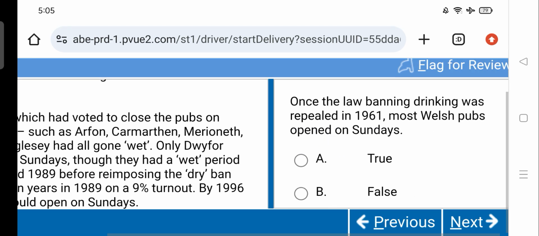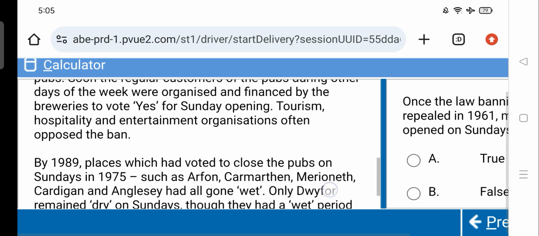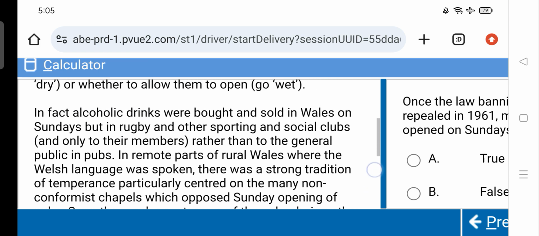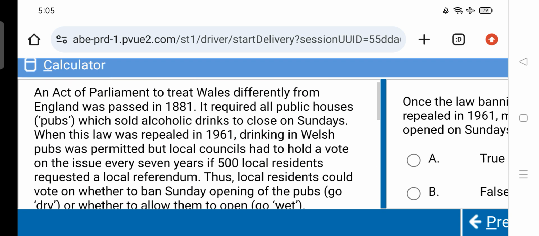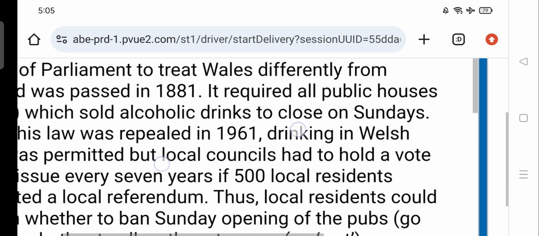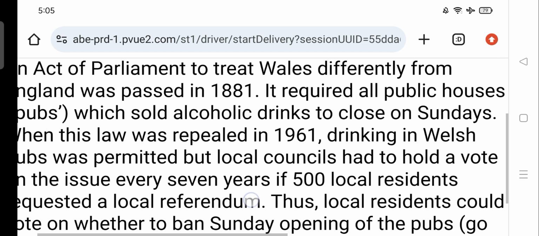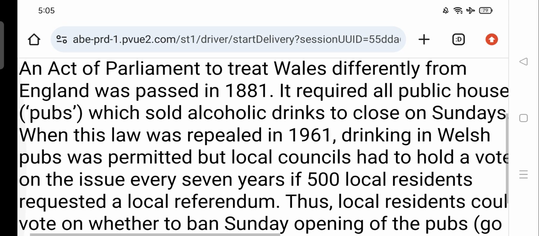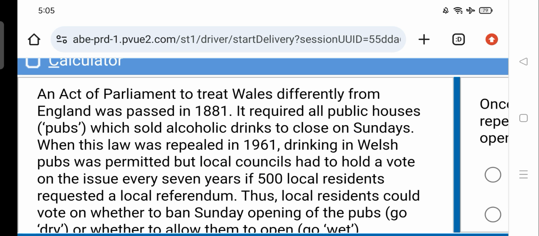You can use some keywords from the statement, like 1961, or Welsh pubs, or law banning drinking. These are some keywords you can use in these paragraphs to find your answer. As here we have 1961 and also Welsh pubs, so we can read from this without wasting time on all the paragraphs.